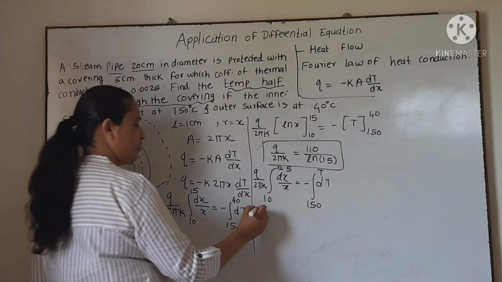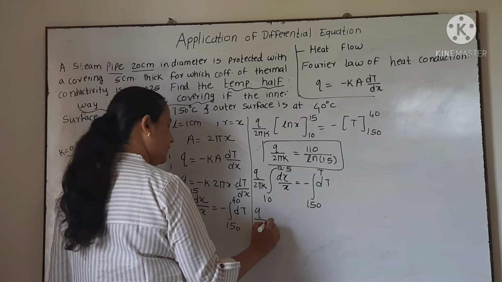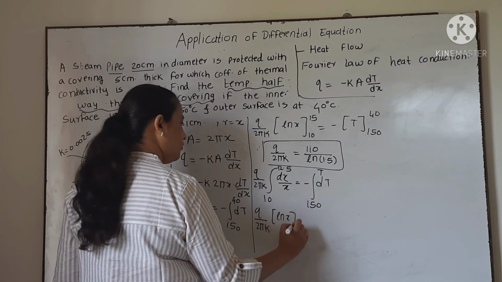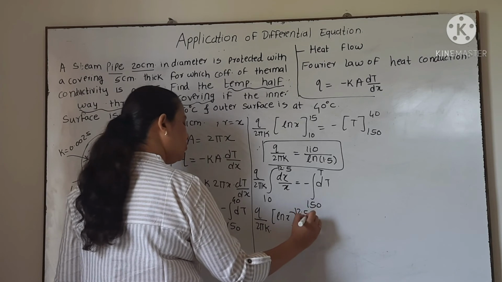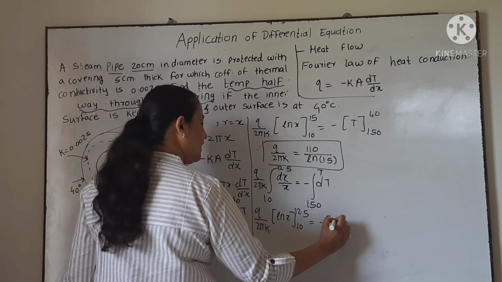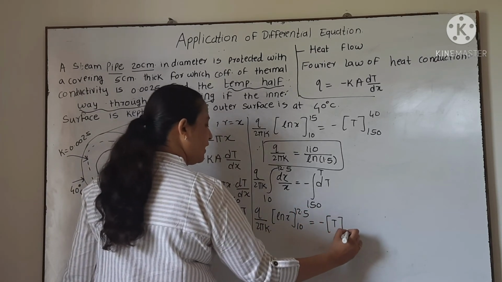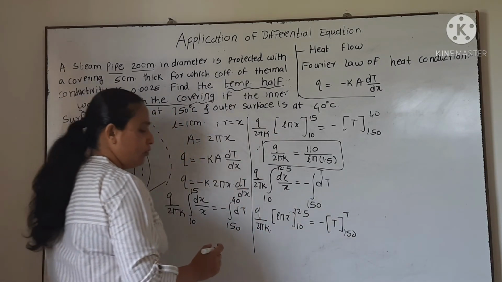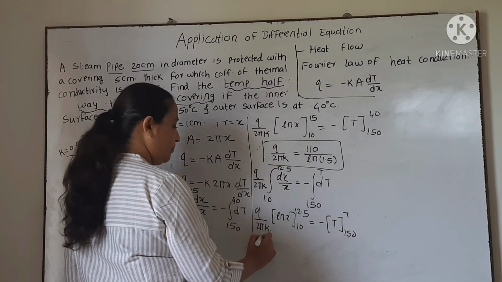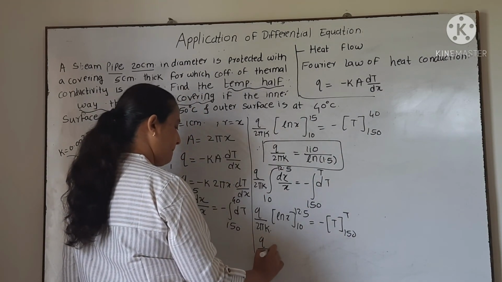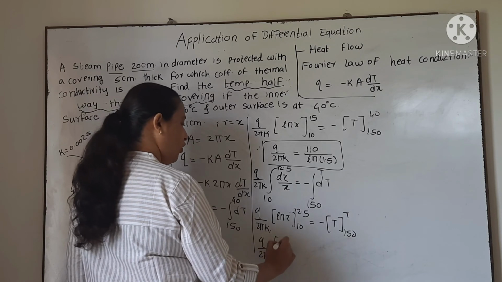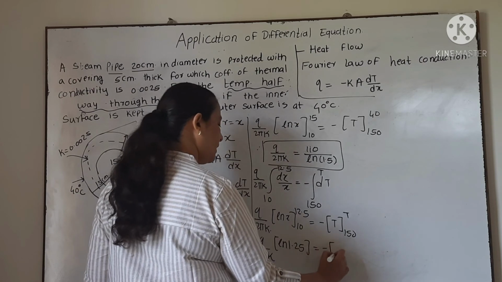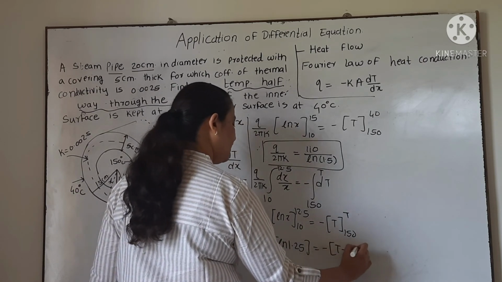Again integrate this. You will get Q upon 2 pi k, ln of x limits from 10 to 12.5 equal to minus integral of dT is T limits from 150 to T. We want actually the value of T. Therefore Q upon 2 pi k ln of 1.25 equal to minus in bracket T minus 150.